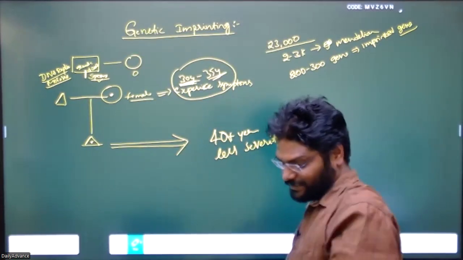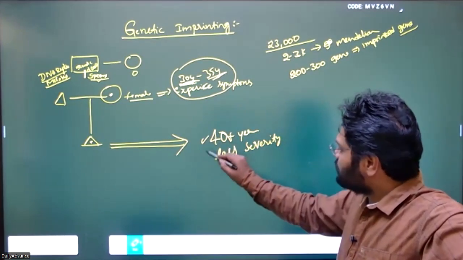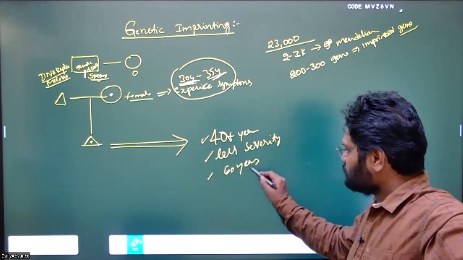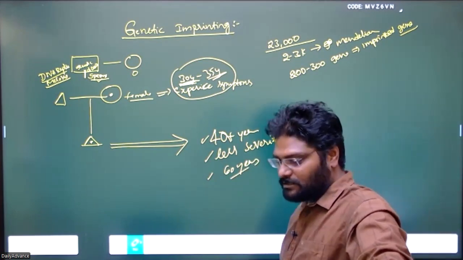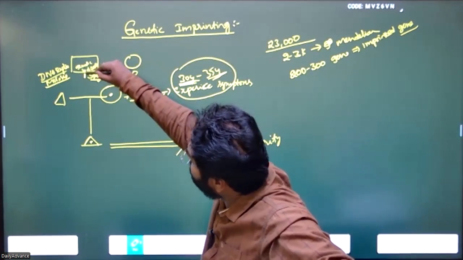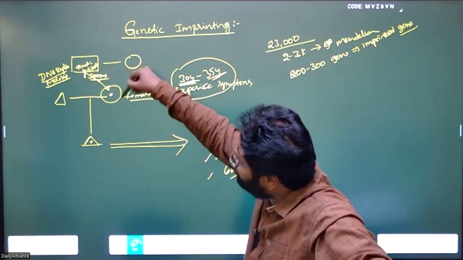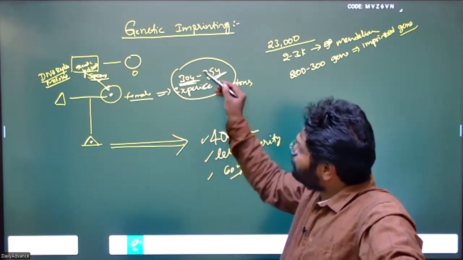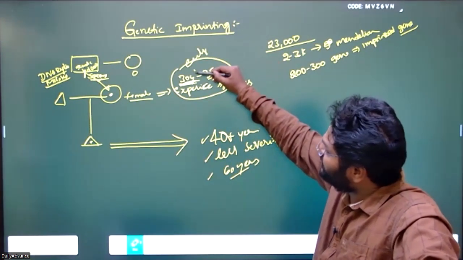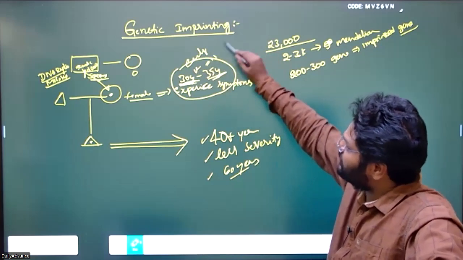That means he survived up to 60 years without dying. So when the source of the gene is the father, that is male to female, it is early in appearance and the symptoms are very severe. Within 5 years, she died.